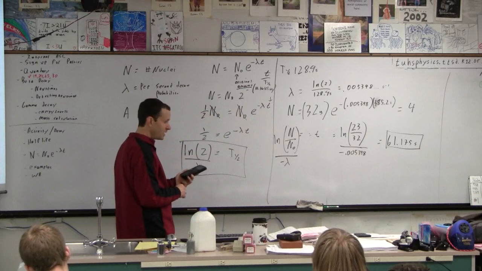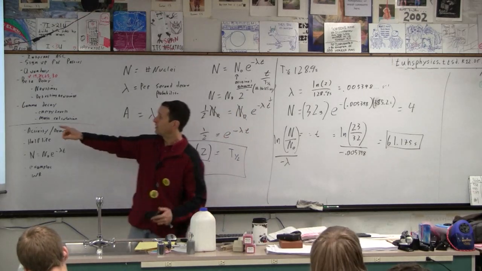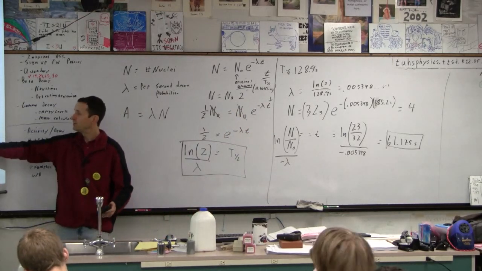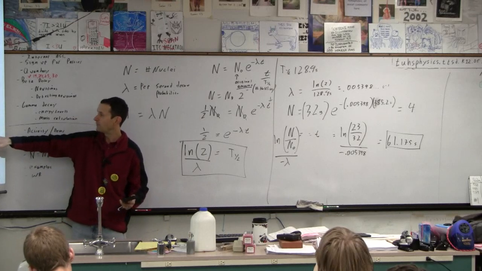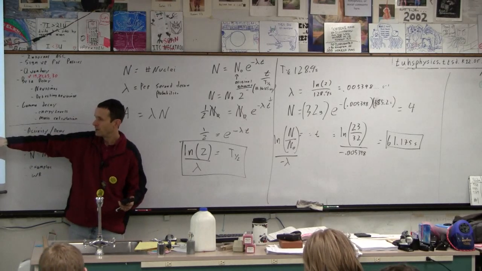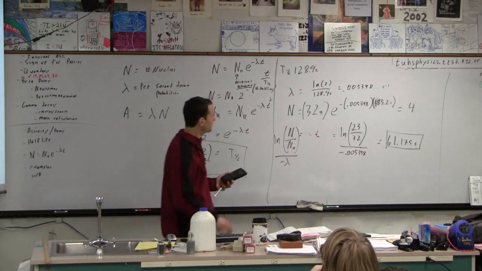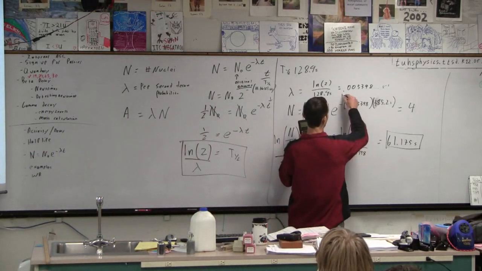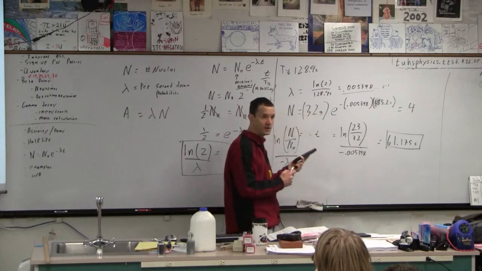Okay, so the final question is, what is the activity when there's 23 grams left? Here's the mass, so it looks like we need to use that mass. The activity is going to be the decay probability times the number of atoms we have.